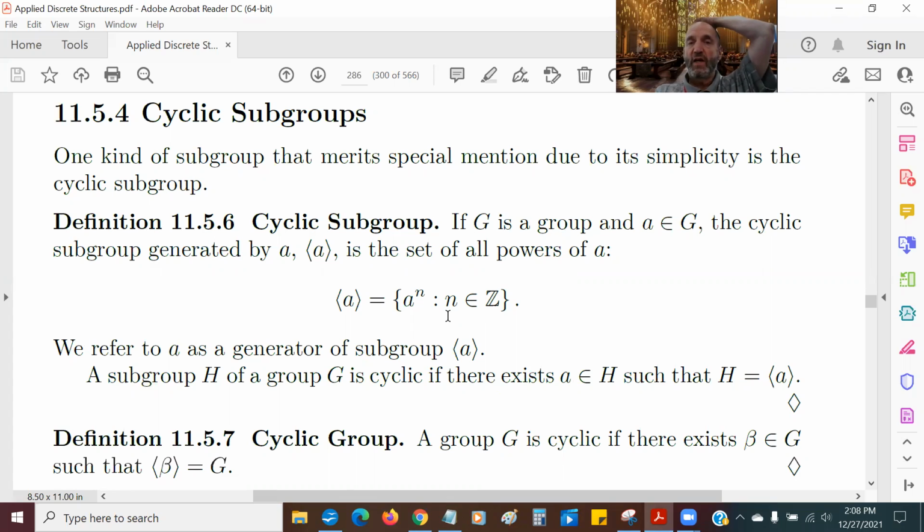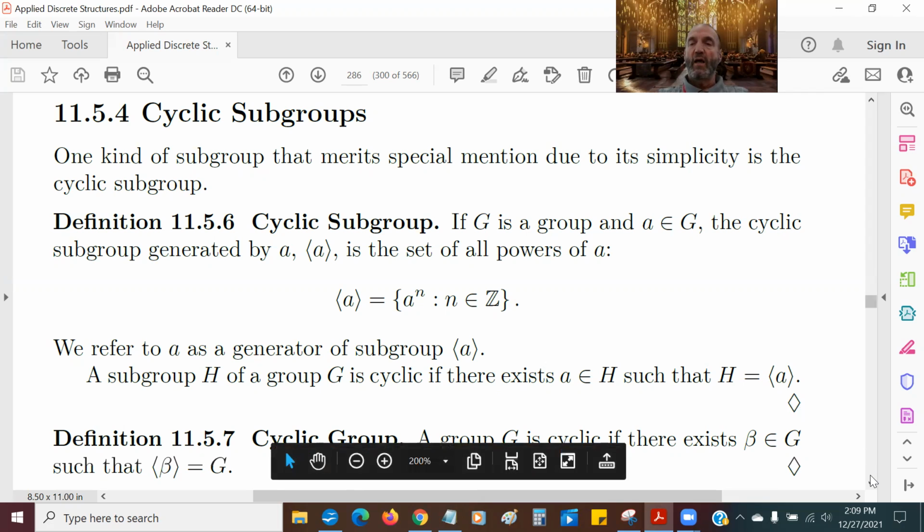If I look at all the powers of a, that's going to form a group in its own right. I'm not saying it's always going to happen, but if it does, then that group is a subgroup of G, because a is some element of G, and it is called a cyclic subgroup of G. We say that a is the generator of the subgroup, which makes sense because this all came from powers of a.